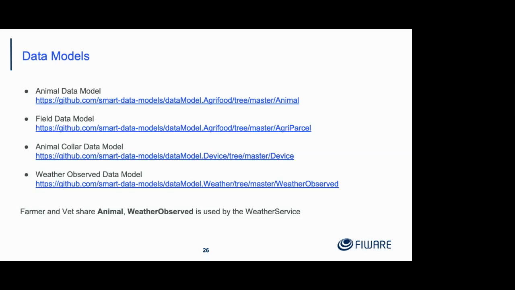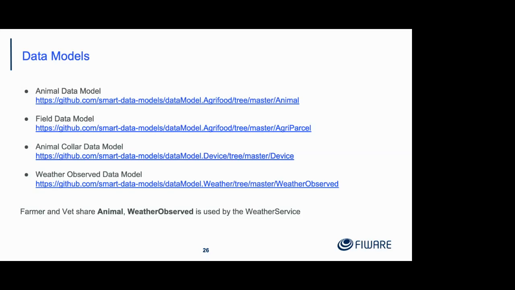Location is actually in there, but heart rate isn't. So I would need to extend device with optional attributes so that I could actually handle that. The way I would deal with this is that I would have a provided by relationship onto the animal itself, so that I could actually get the information coming through.